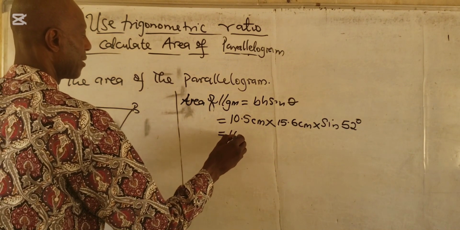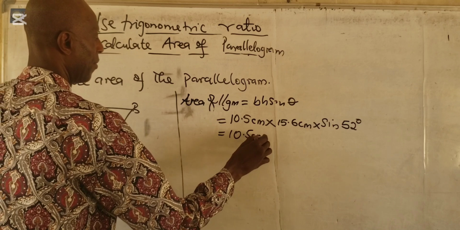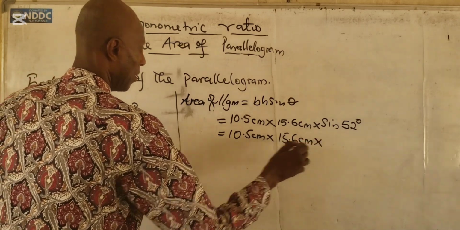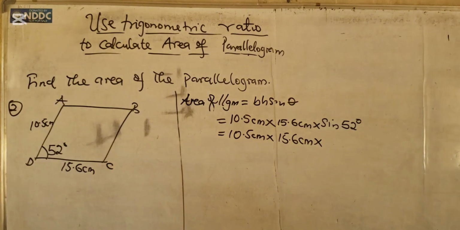So here is now 10.5 cm times 15.6 cm times sine 52.